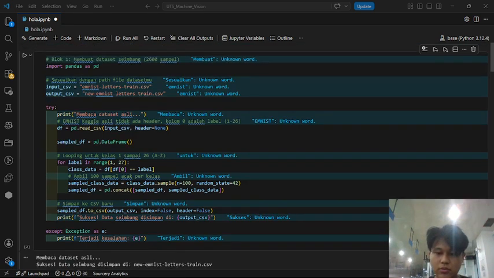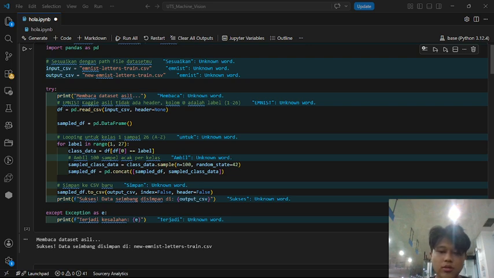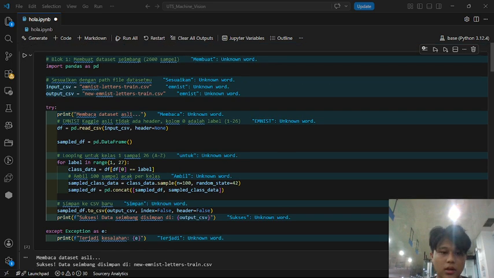First, as the dataset, I use the MNIST letter dataset. The first step is making the data balanced.